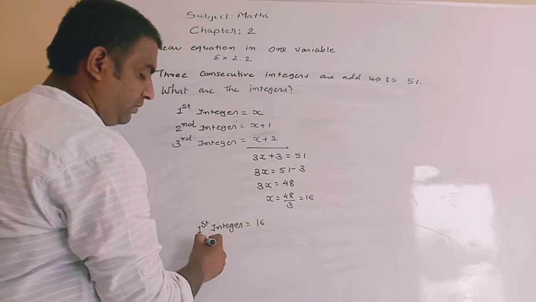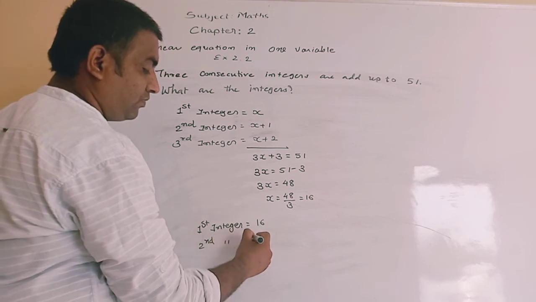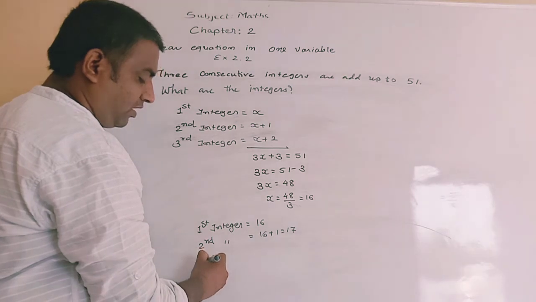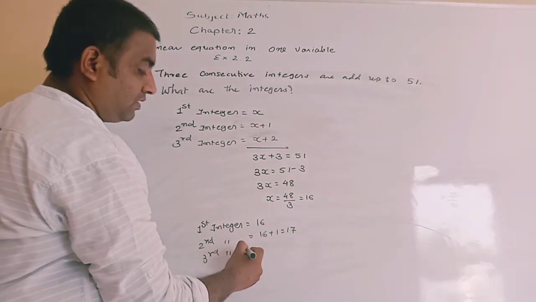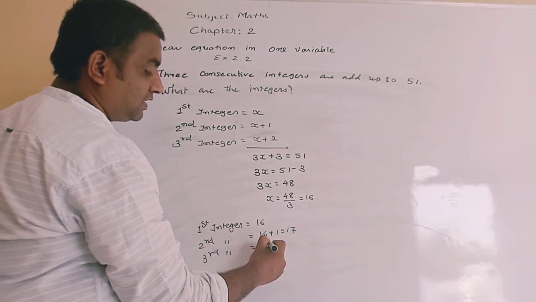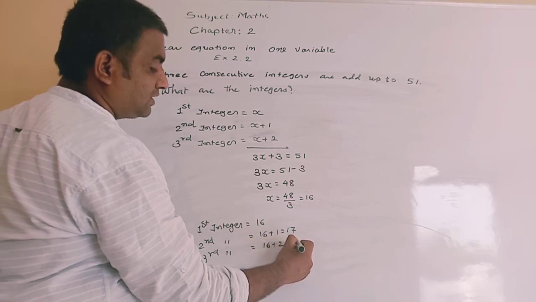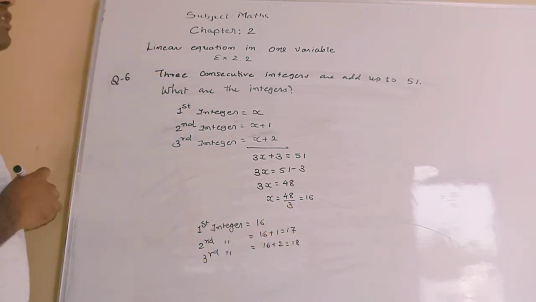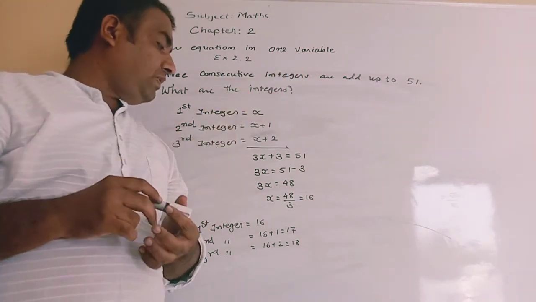So second will be 16 plus 1, 17, and third will be 16 plus 2, that is 18. So 16, 17, 18, three integers whose addition is 51.